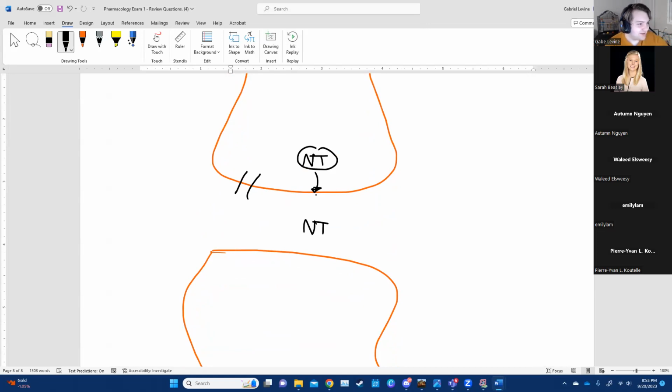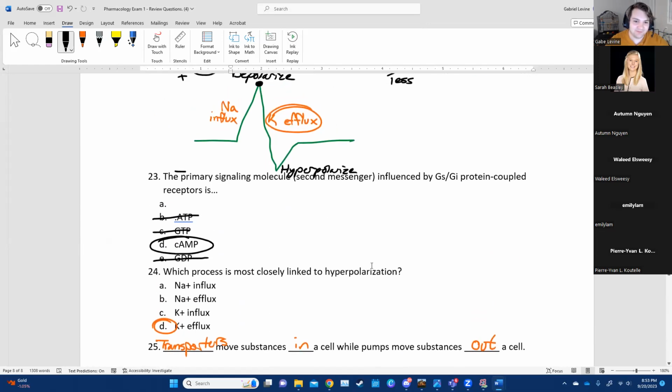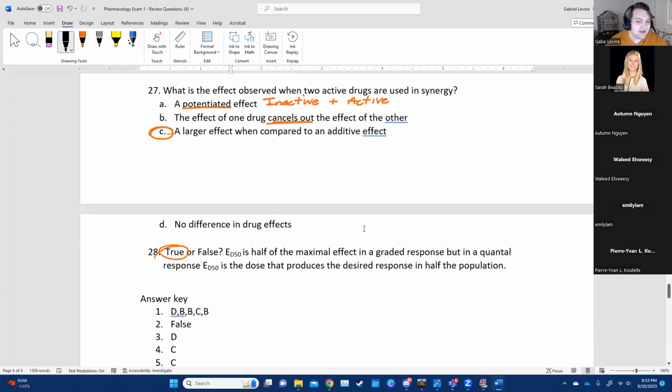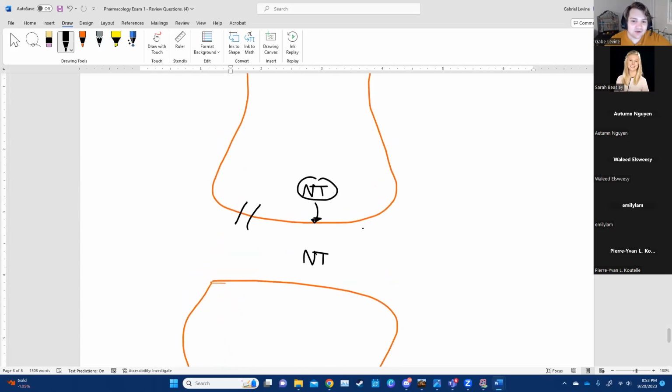It doesn't specify the transporter. What did we learn earlier about what a transporter is? Transporters always move substances into a cell. So we know that the neurotransmitter is dumped into the synaptic cleft, and that the function of the transporter would be to drag it back inside the presynaptic neuron.